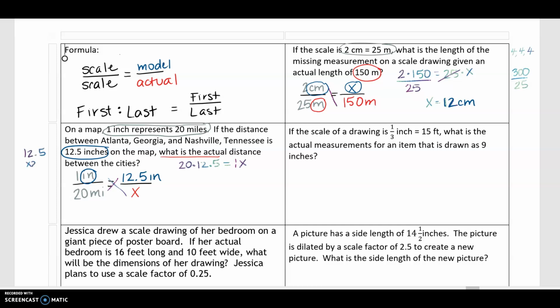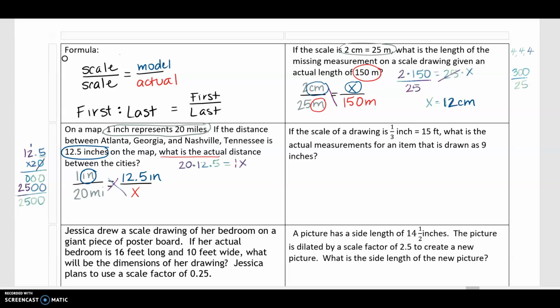12.5 times 20, and 12.5 has more digits, although 20 is a bigger number, so I'm going to put 12.5 on top. 0 times anything is 0. And now I'm multiplying the second number, so 2 times 5 is 10, 2 times 2 is 4, plus 1 is 5, 1 times 2 is 2. Add it up. It's 2,500.